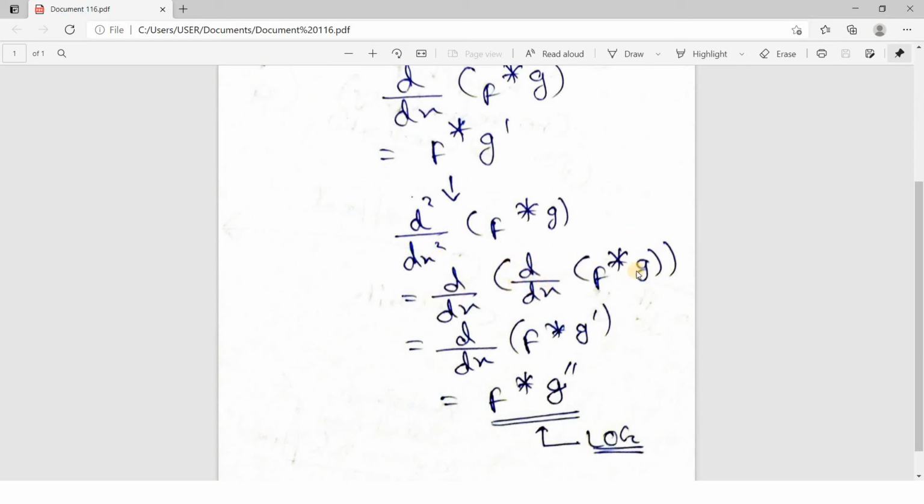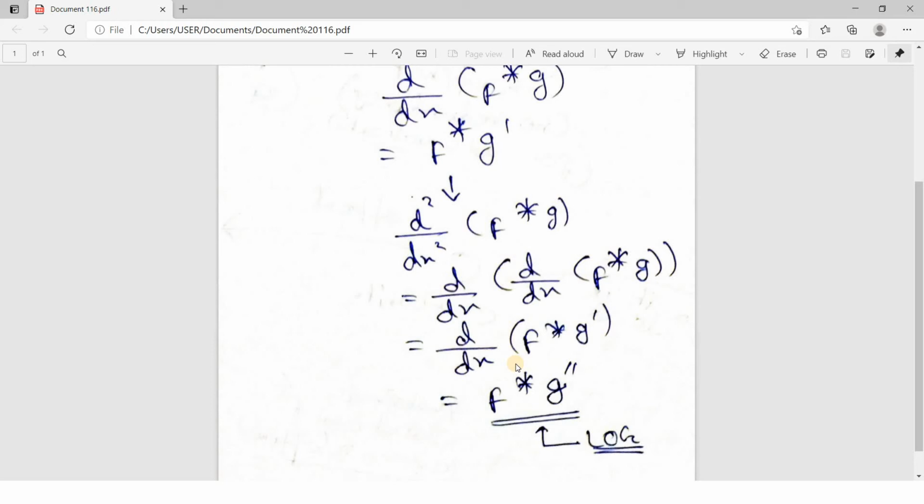Now d/dx of f convolved with g, from the formula of convolution, we can write as f convolved with g dash. Again from the formula of convolution, we can write f convolved with g double dash. So this is nothing but the Laplacian of Gaussian.